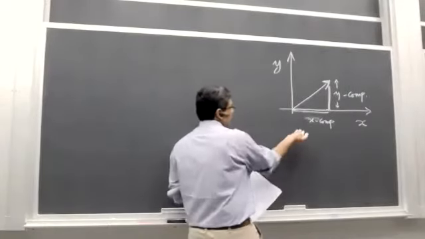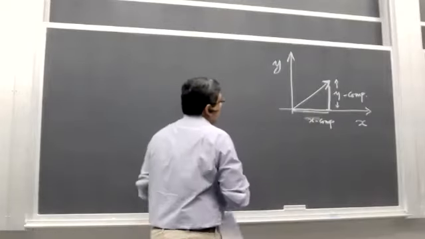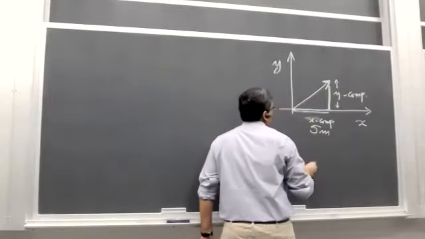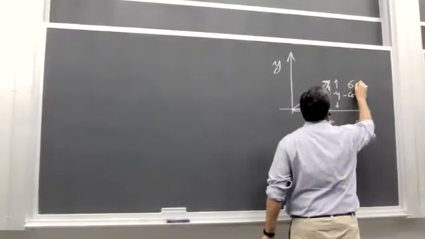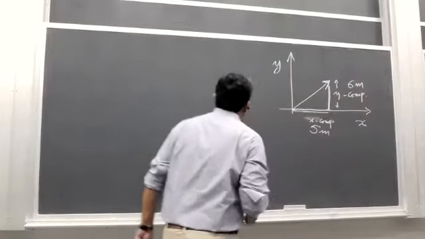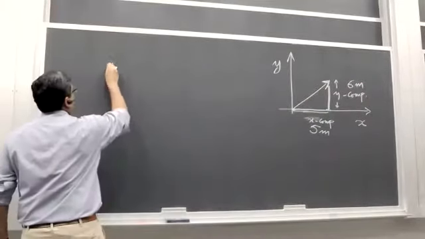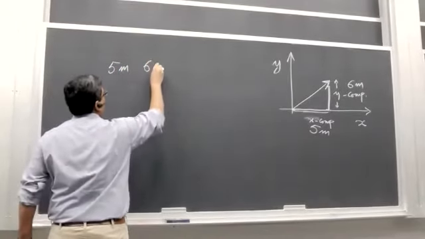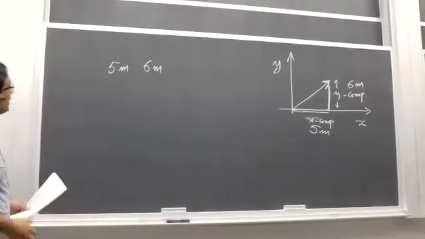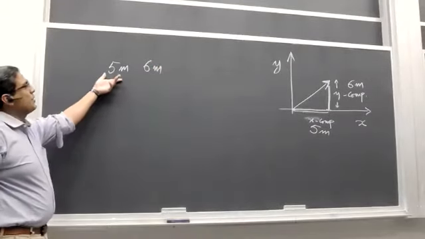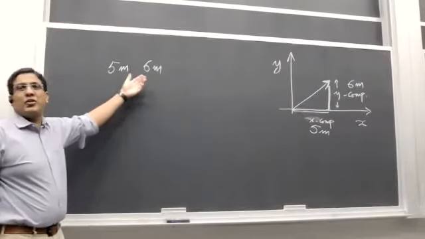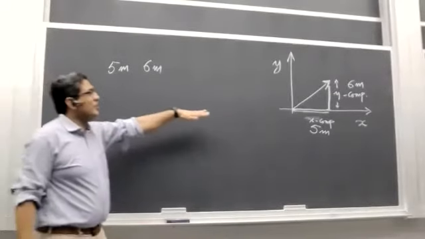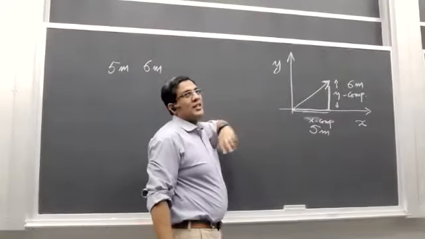So to denote that, what is a, for example, let's say that you go 5 meters in this direction and 6 meters in this direction. Now you've gotten two numbers. Now, if I just express these two numbers, this is not enough, because I do not know which of the numbers is in the horizontal direction, which component is in the horizontal direction, and which component is in the vertical direction.